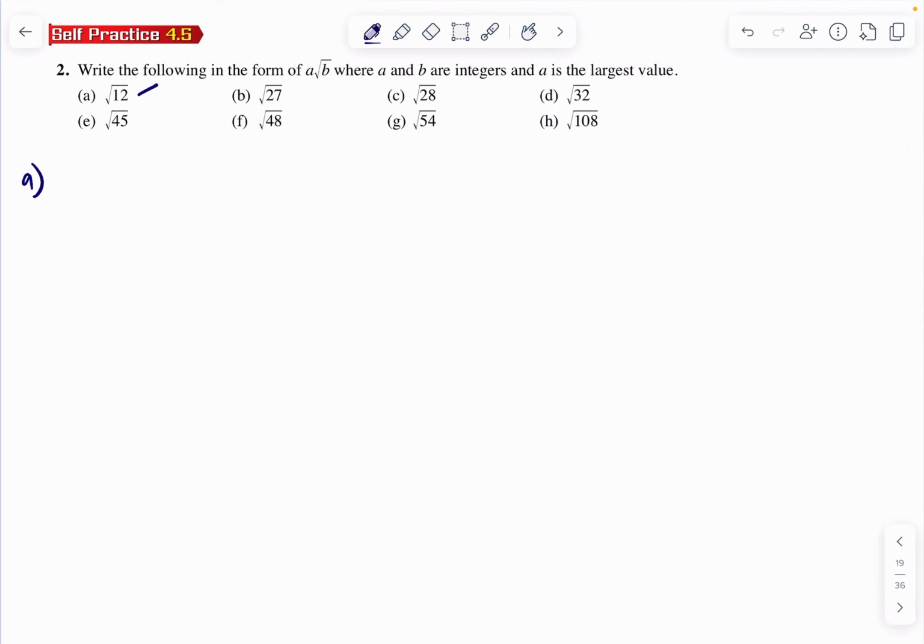So root 12 can be written as root 4 times root 3, or root 6 times root 2, or root 1 times root 12. Okay, so out of these options, if we do root 1 times root 12, we are going to get back root 12 again. So obviously this one cannot. Root 6 times root 2, both of these are not perfect squares.